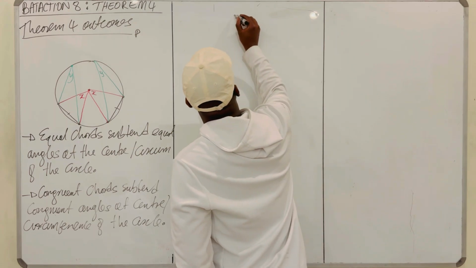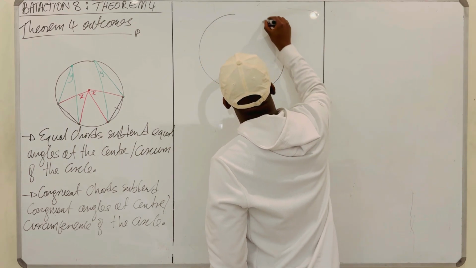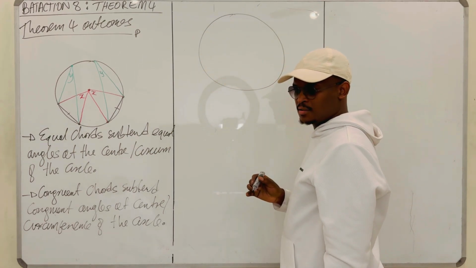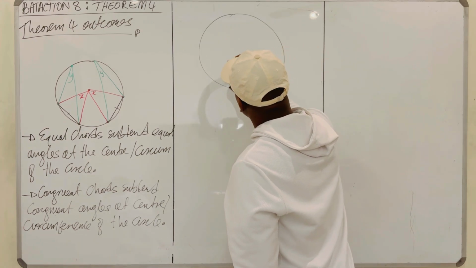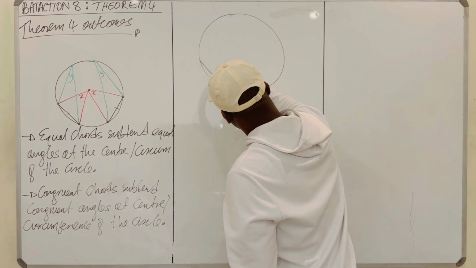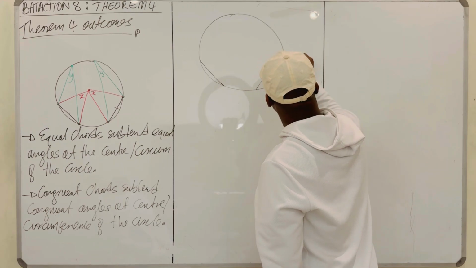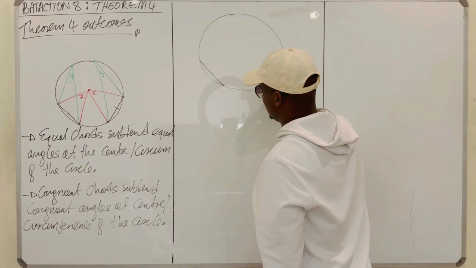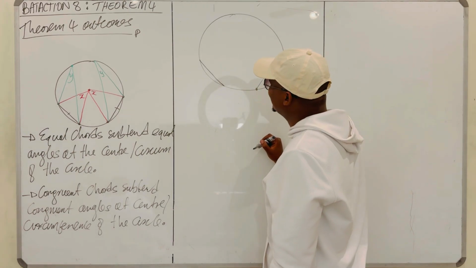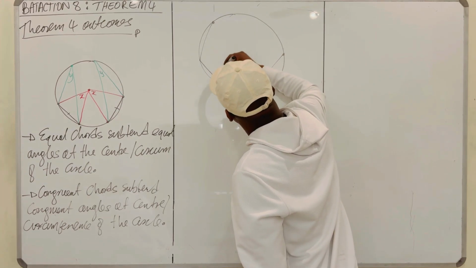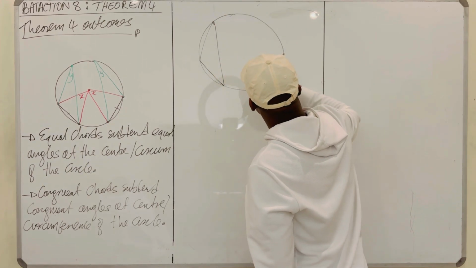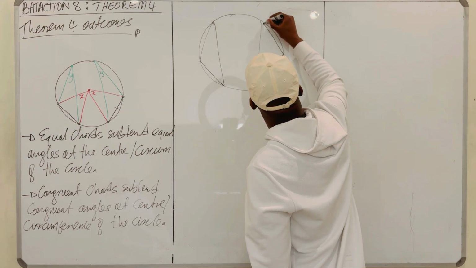On the next one, let's suppose that we have a situation like this. Then you have this chord here. Maybe that chord over there doesn't look very much like a circle. So let's say this chord subtends an angle there, and this chord subtends another angle there.